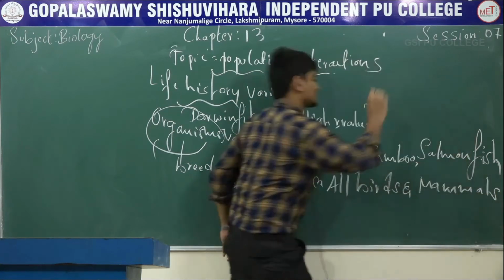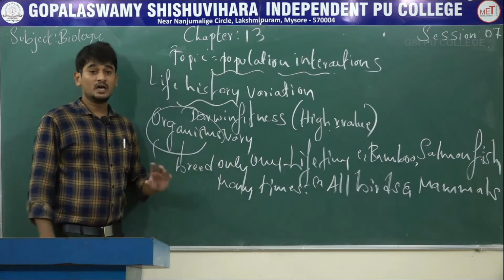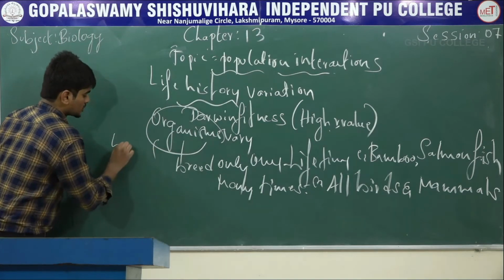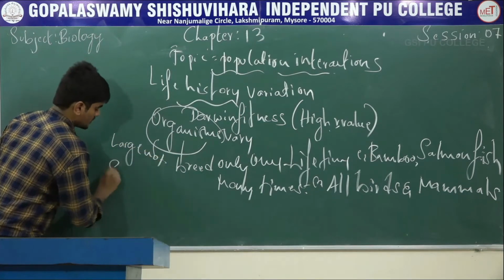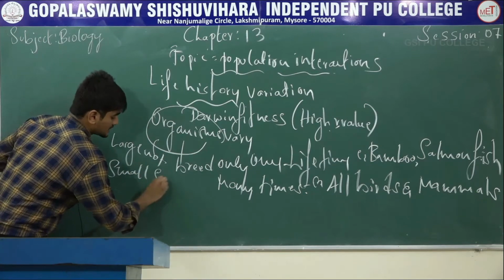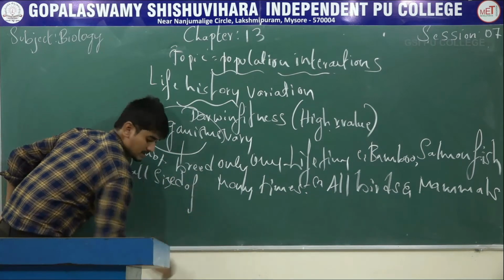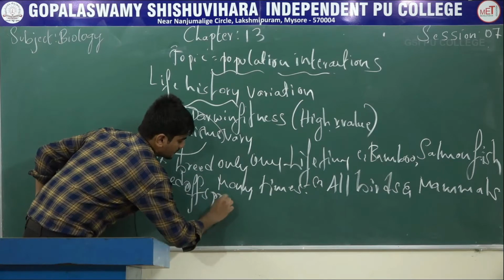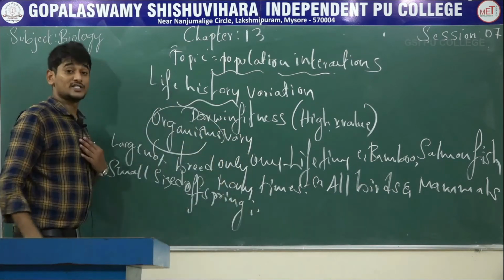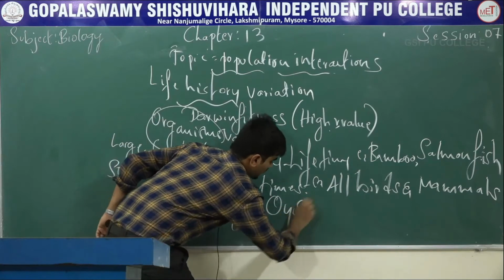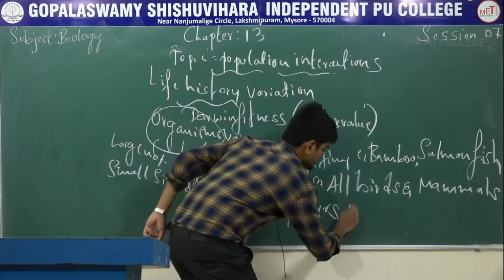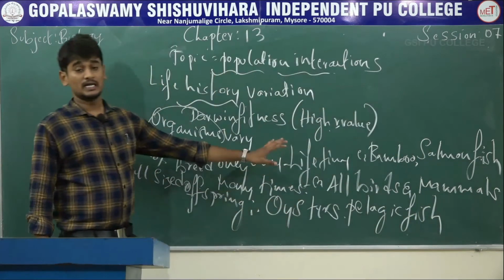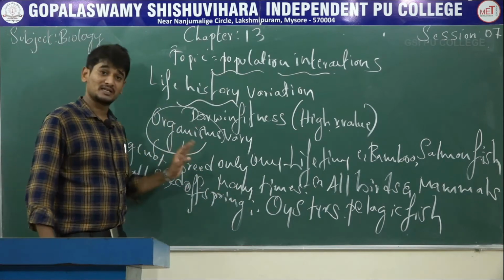Some organisms produce a large number of small-sized offspring. Examples are oysters and pelagic fish.